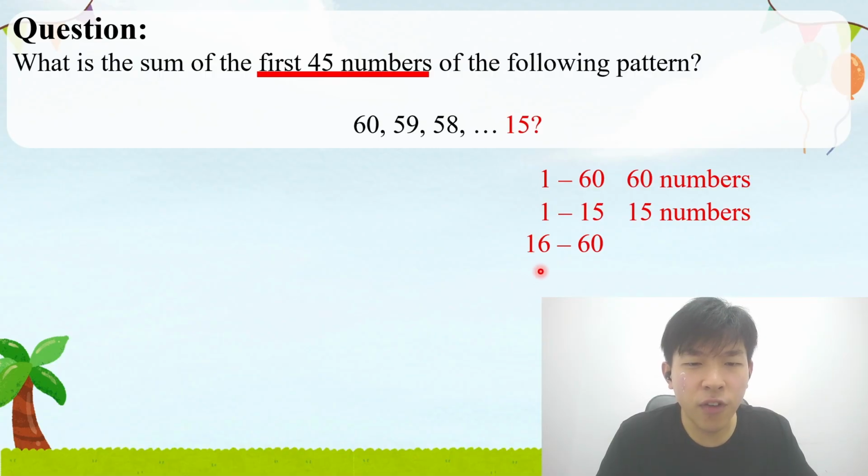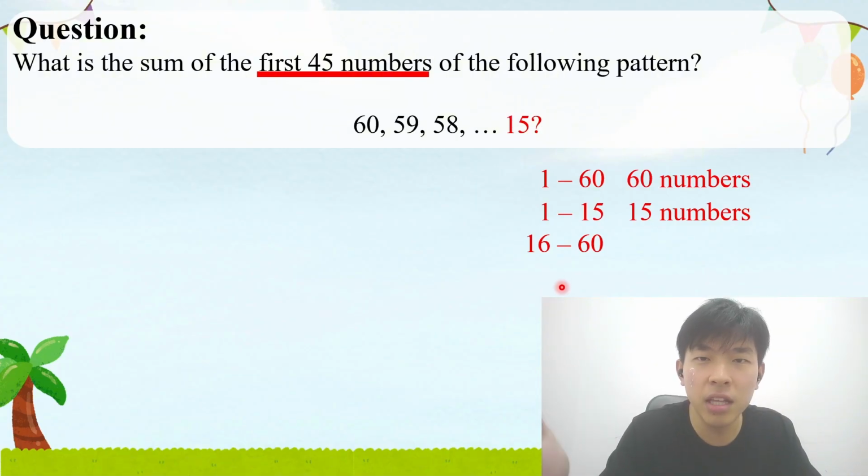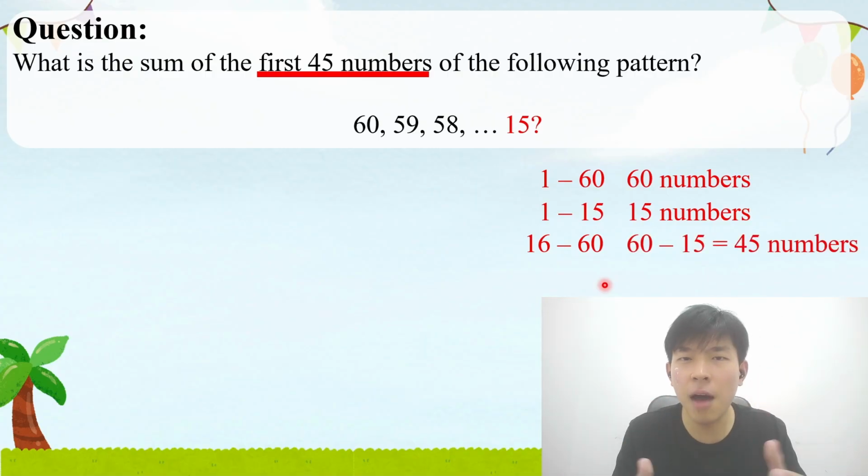Now, from the 1 to 60 that we have here, I'm missing how many numbers? I'm missing 1 to 15, which means I'm missing 15 numbers. So originally, if I have 1 to 60, I have 60 numbers. Now I remove 15, which means I have 60 minus 15, which is 45 numbers.